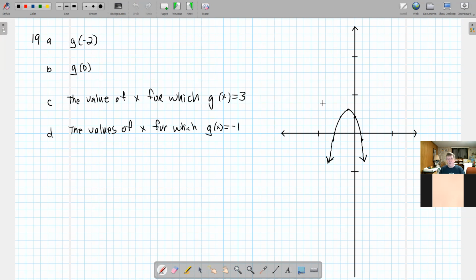Same thing again, but a different graph. This is the graph of g. So g of -2. When x is -2, y is +2. g of 0. When x is 0, y is also +2.